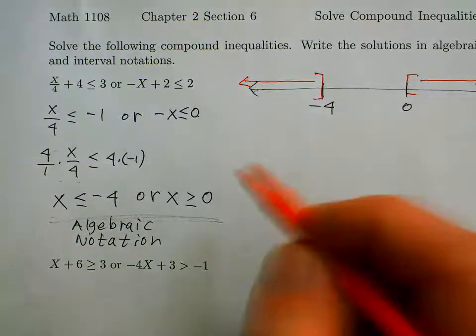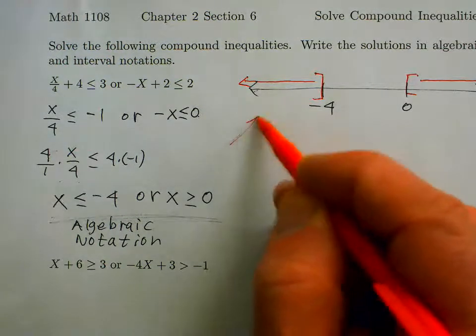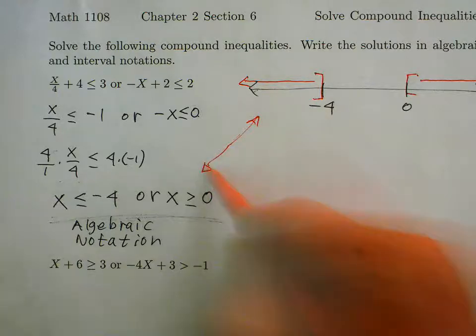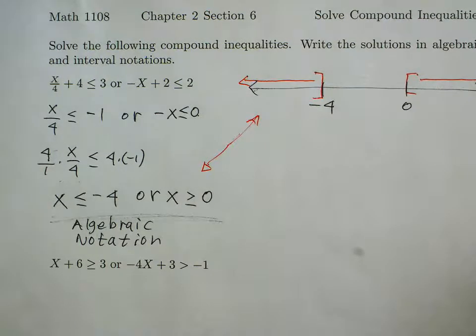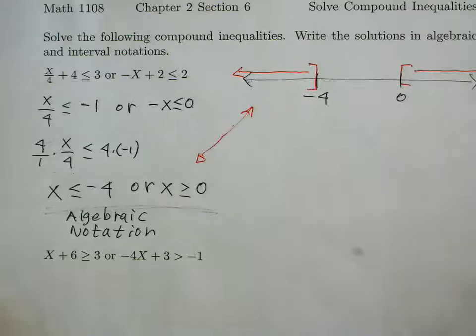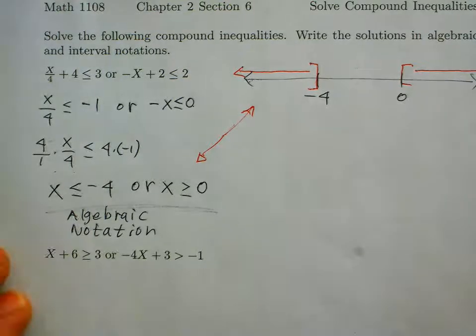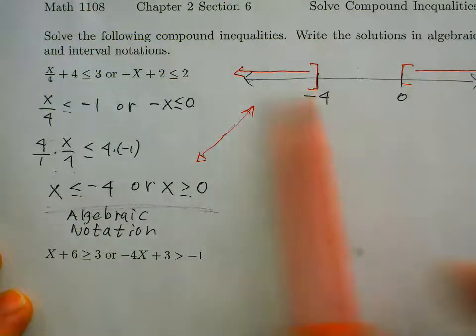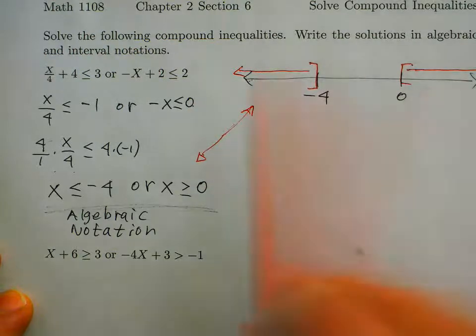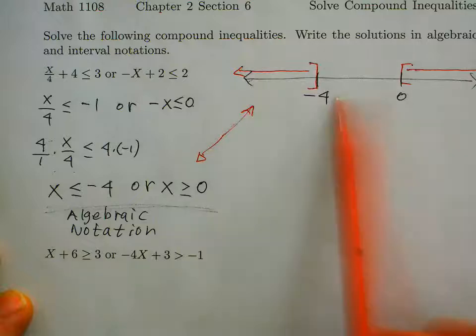Okay, so we can use the graph or the algebraic notation to write down the interval notation. In my mind, the graph is more explanatory when it comes to writing the interval notation.